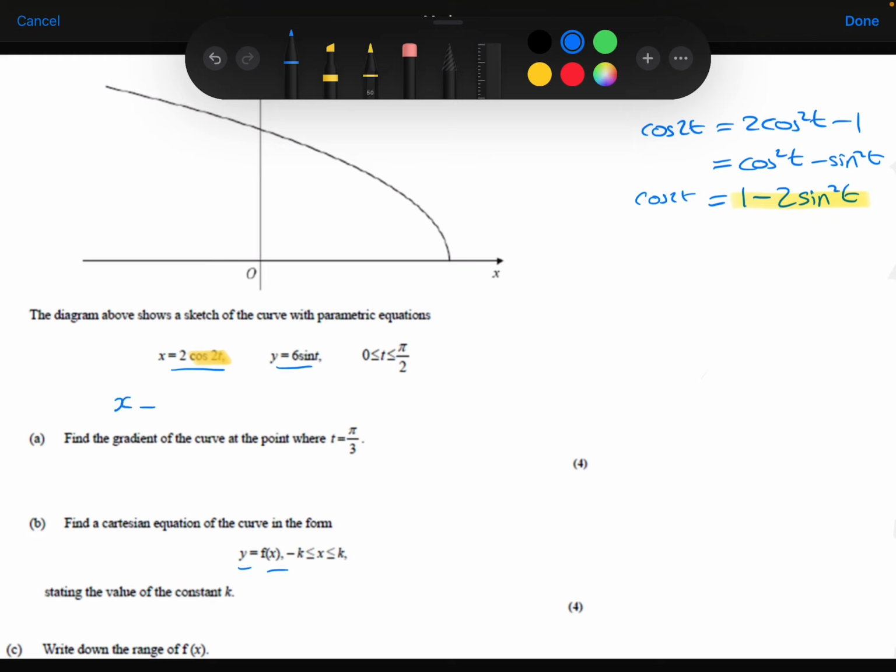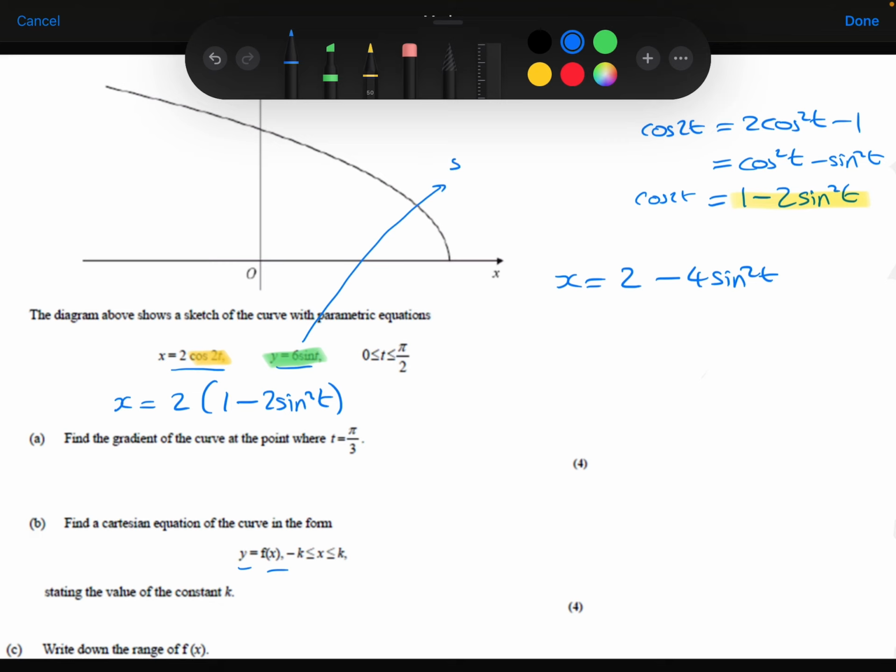So I can say that x is equal to 2 lots of 1 minus 2 sine squared t, which I will expand the brackets now. So 2 minus 4 sine squared t. Let's now look at the y function here, and I'm going to rearrange this to make sine the subject.